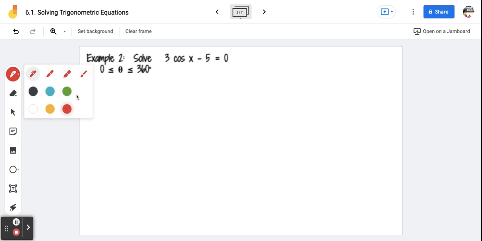All right, so this time we just want the solutions between 0 and 360. We want to be in degrees because it's given in degrees. And we just want the first rotation, so we don't have to worry about the 360k thing. So I'm just going to take the equation 3 cosine x minus 5, and I'm going to solve for the cosine of x.